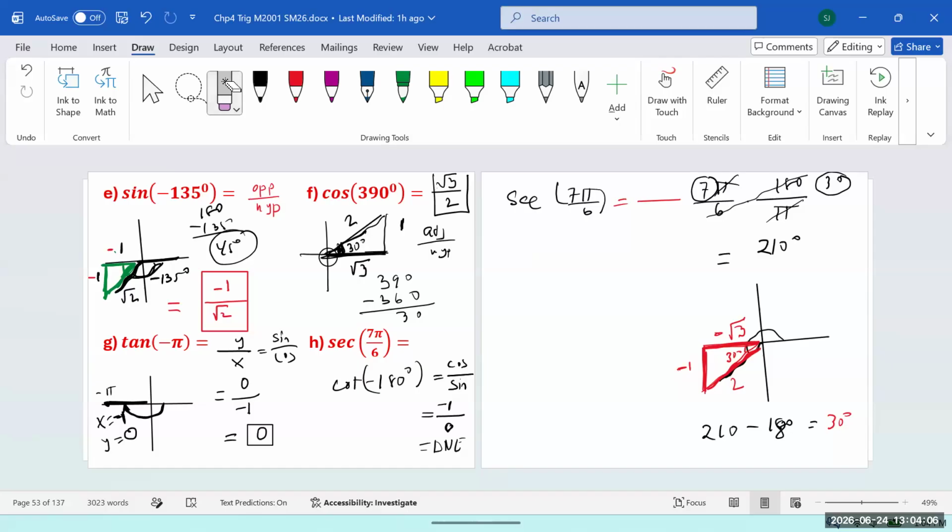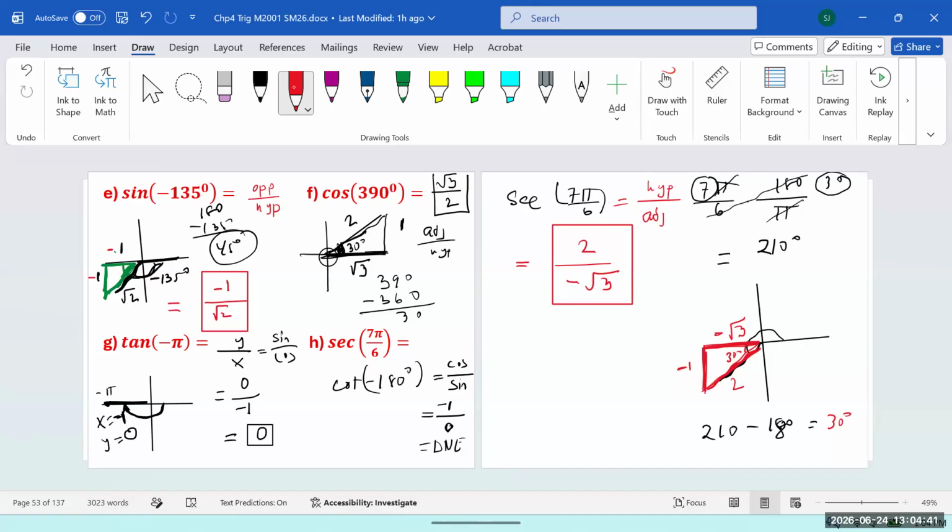If cosine is adjacent over hypotenuse, secant must be hypotenuse over adjacent. So in this triangle, how much is our hypotenuse? 2. And how much is the adjacent? Negative square root of 3.